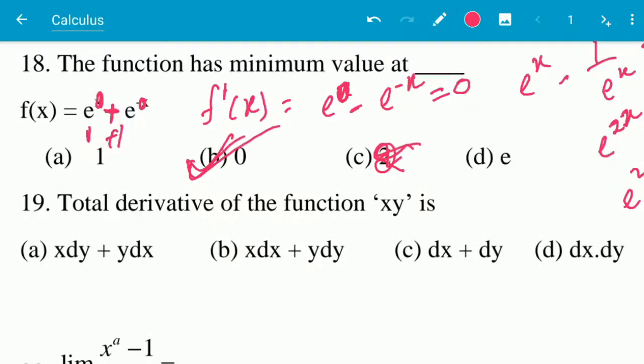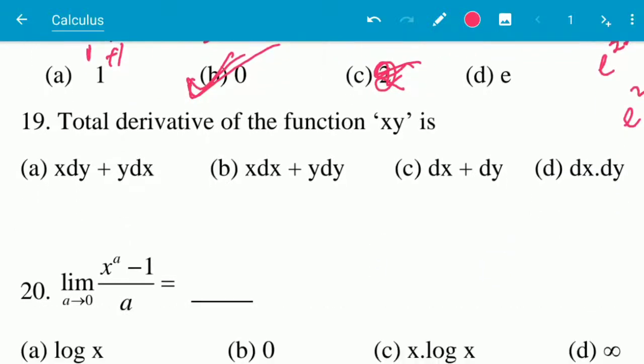Total derivative of the function xy: what is total derivative? We have to first consider the formula for total derivative.